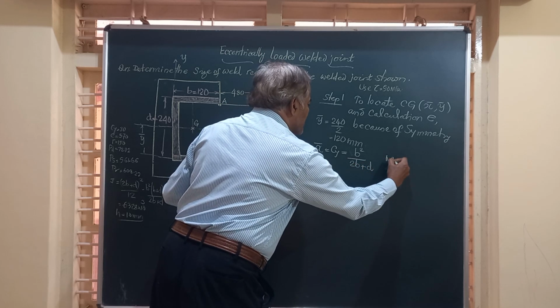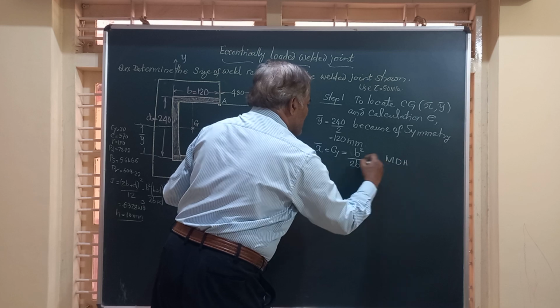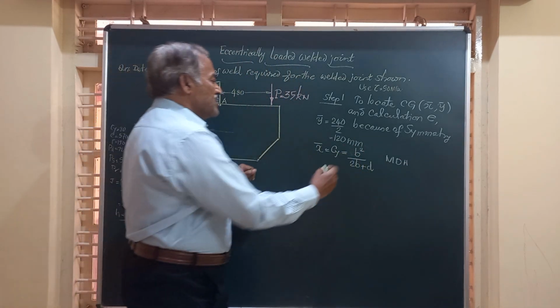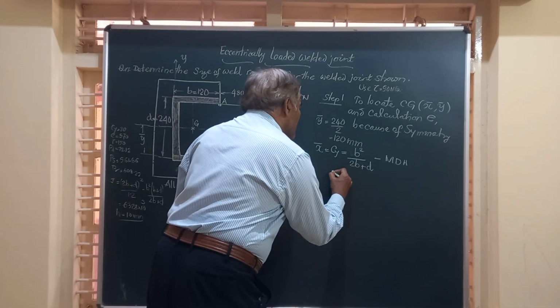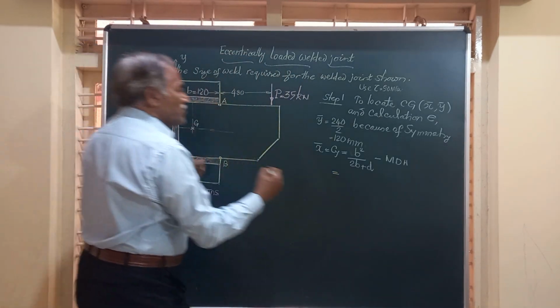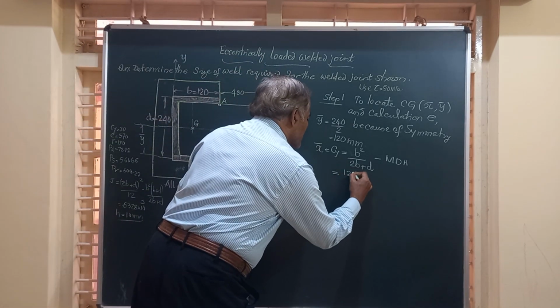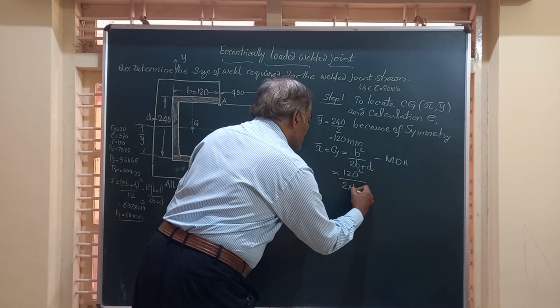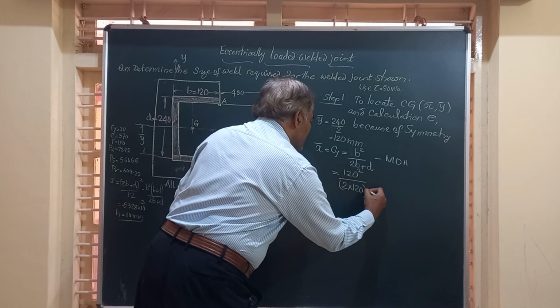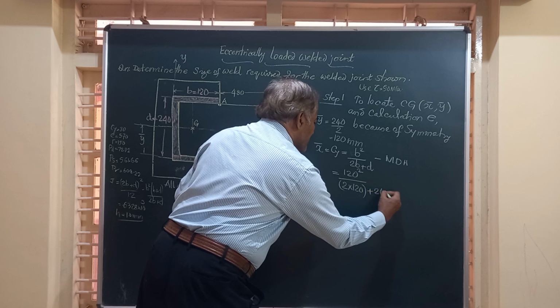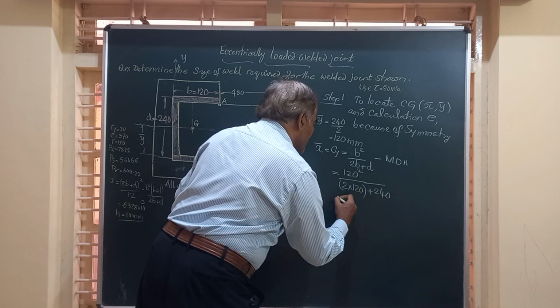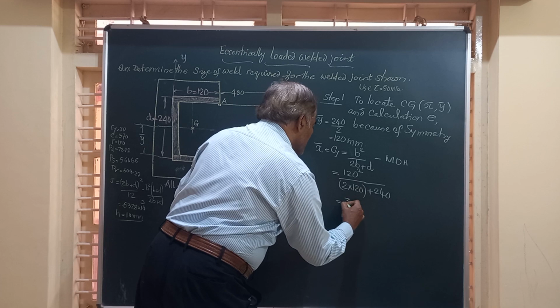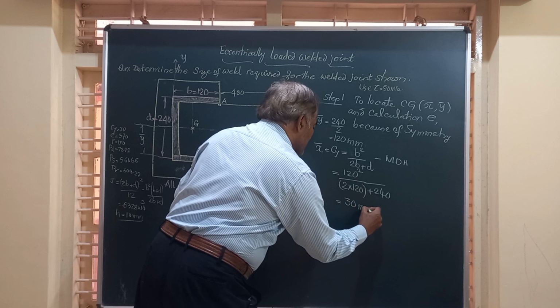This is given in the machine design handbook under the welding chapter. Here we know this b width is 120 mm, so 120 square divided by 2 times 120 plus the depth, that is 240. And if you simplify friends, this works out to 30 millimeter.